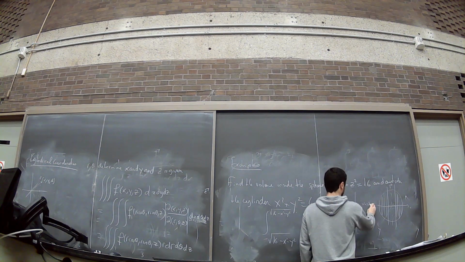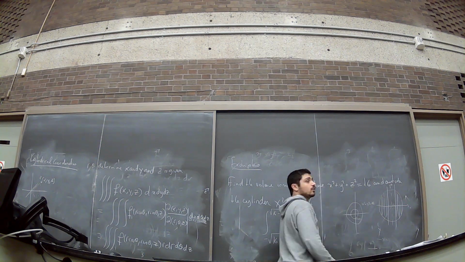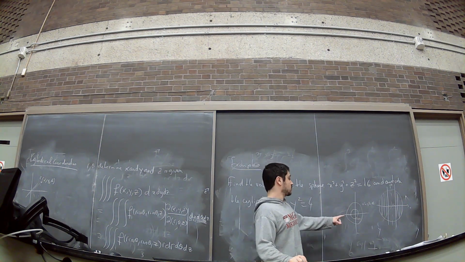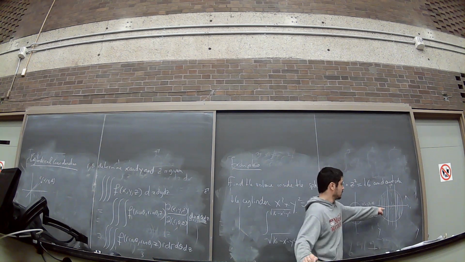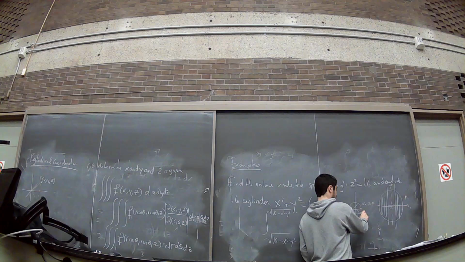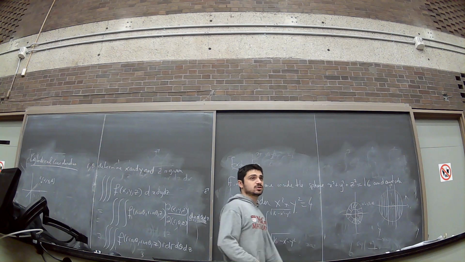And this is my circle of radius 2. Where do x and y vary? Outside the circle of radius 2, but I want it inside the circle of radius 4. How can I describe this?